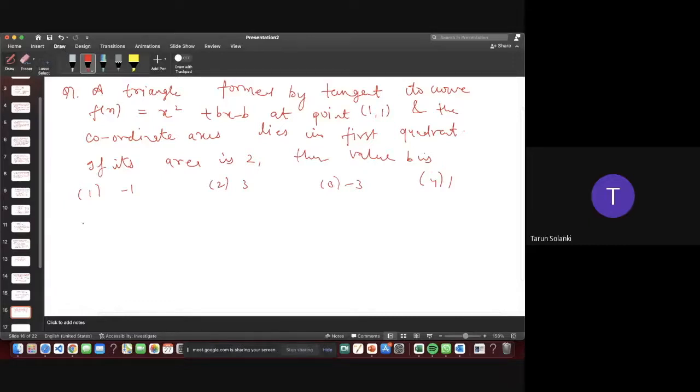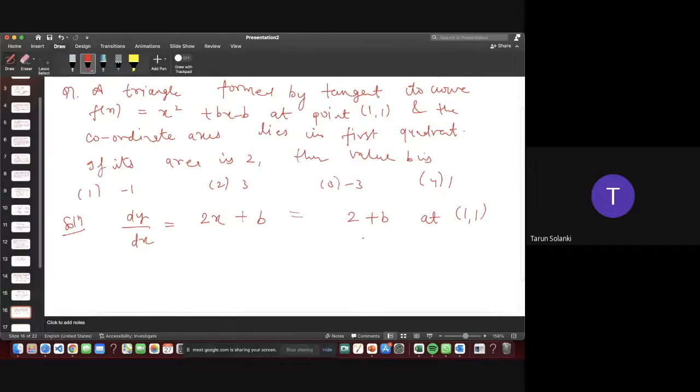Okay, so here first we will differentiate. That means dy by dx is equals to 2x plus b, right? If we differentiate the given function x square plus bx minus b, we will get 2x plus b. So that means 2 plus b at 1, 1. We can put 1 at the place of x, right? So we'll get 2 plus b.